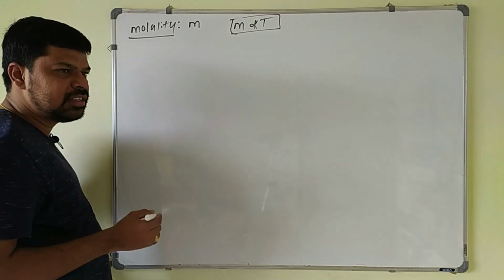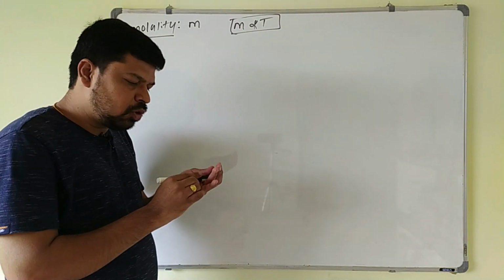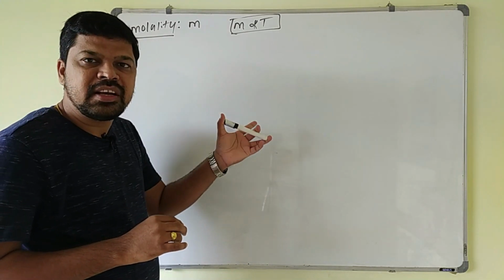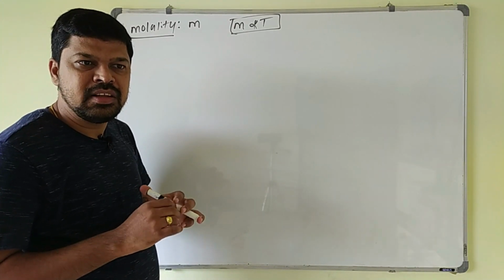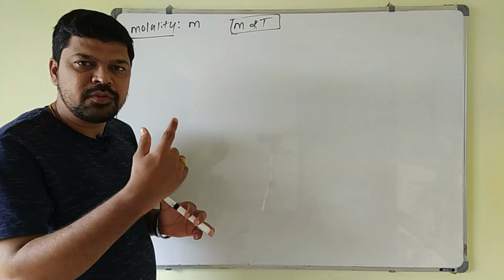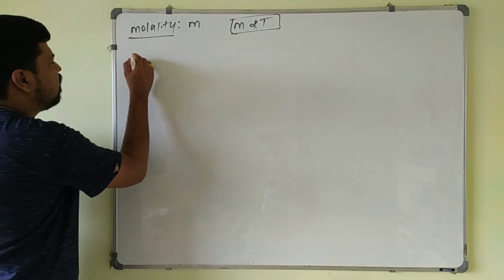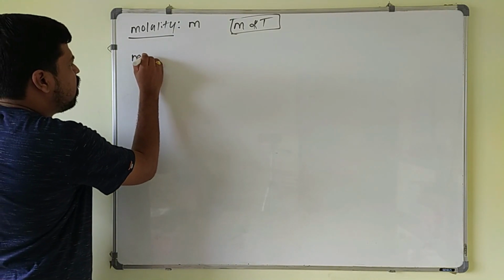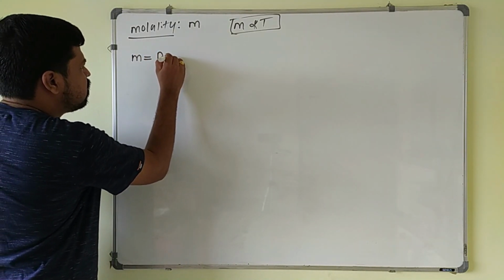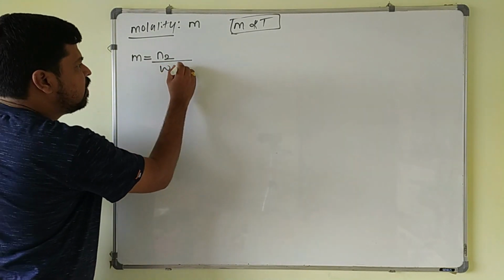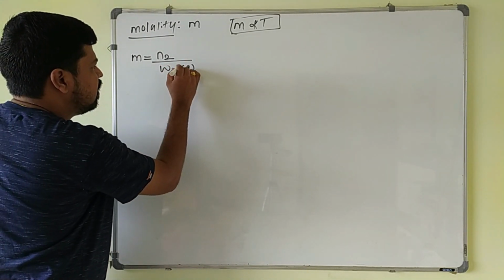Molality is the number of moles of solute present in 1 kg of the solvent. Here the solvent is taken in terms of mass. So the molality formula is the number of moles of solute, N2, divided by the mass of the solvent, W1, in kg.